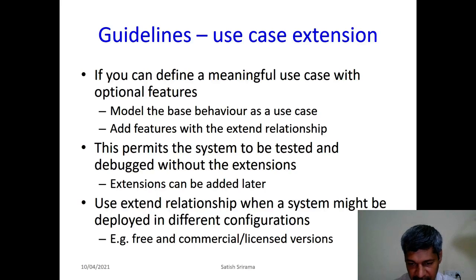Similarly, the Star UML which I am using, it is a free version. But if I would have paid for it and have a license for it, I can have better features, more features. Okay, that's the basic idea. In such cases, it is better to use this sort of extension relationship. The basic features we will be defining in the primary use cases. The extension features will be in the extended use cases.